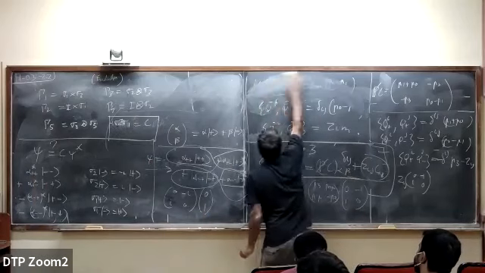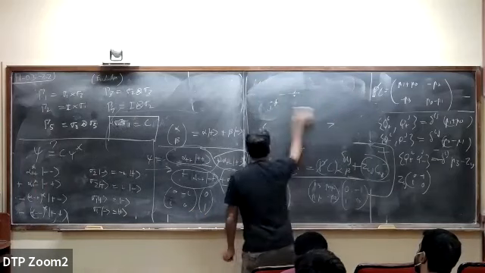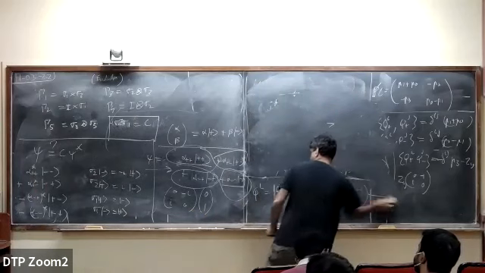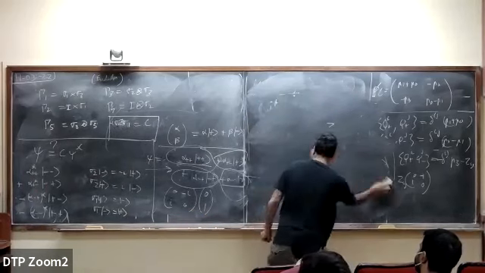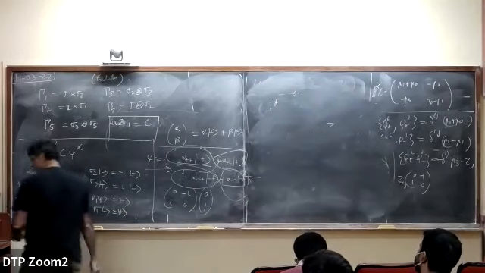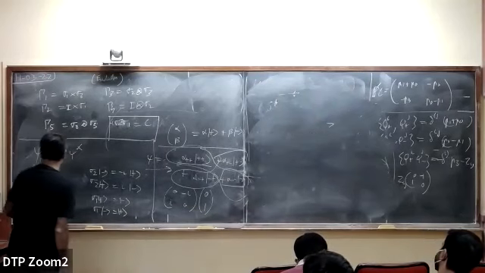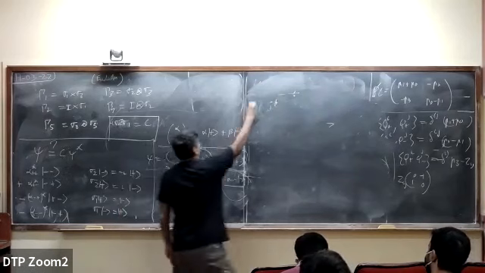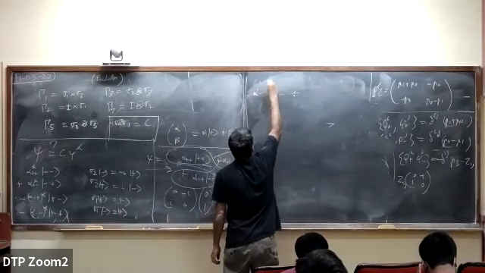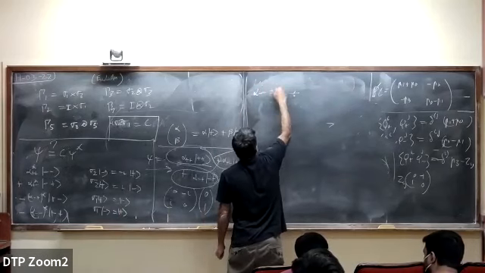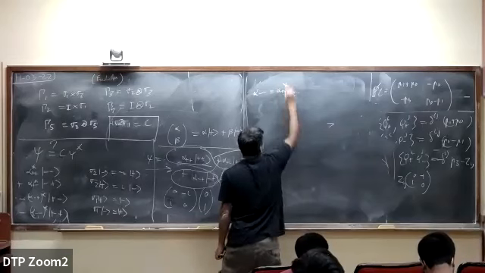Therefore, our reality condition is as follows. Alpha minus minus is equal to alpha plus plus star.